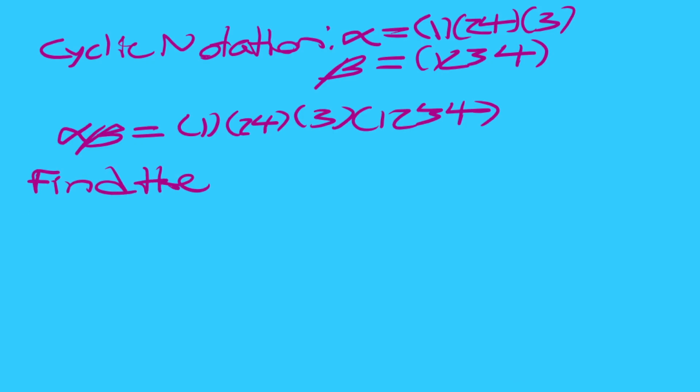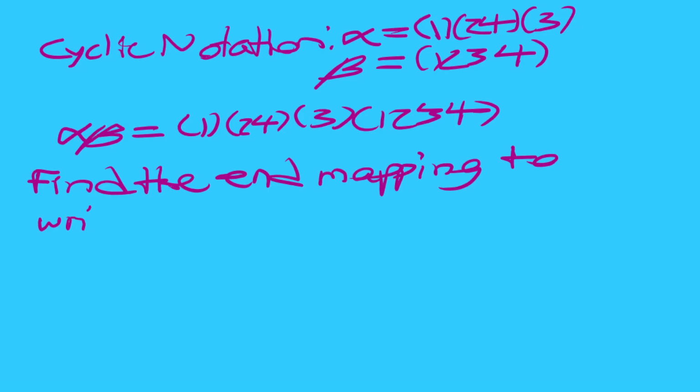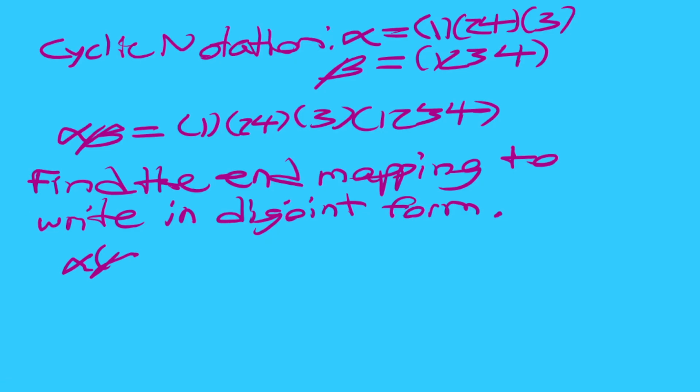So we need to find the mapping to write in disjoint form. So let's take a look at alpha composed with beta of 1.